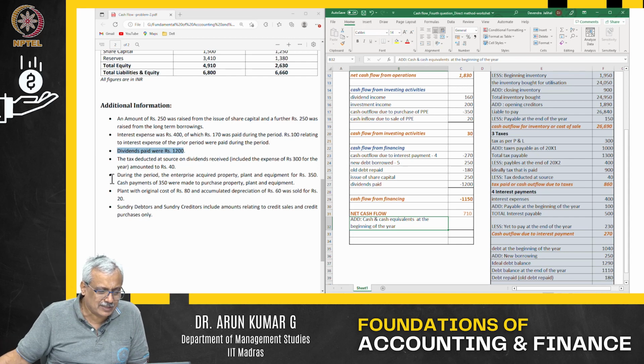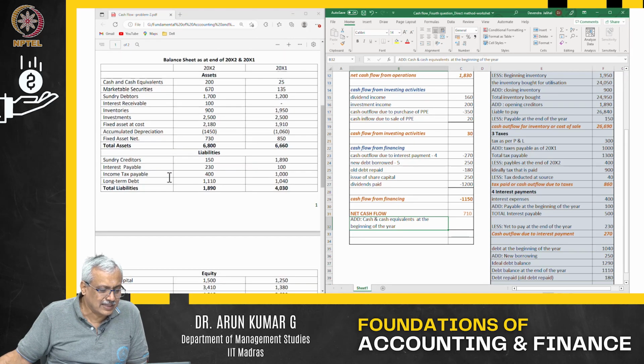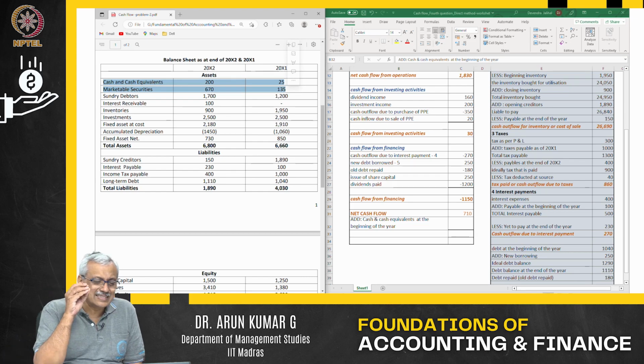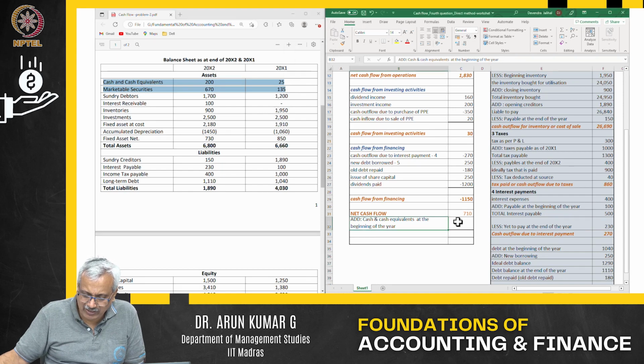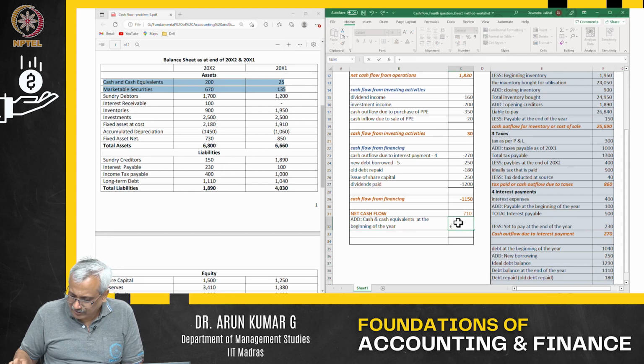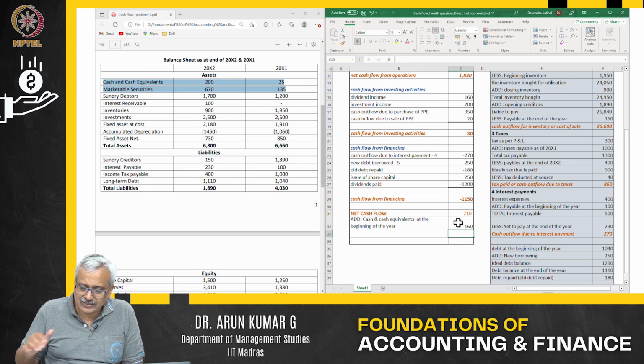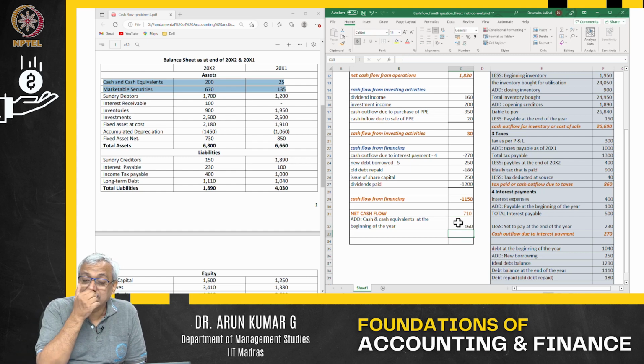For example, in this particular case, there is something called marketable securities. These are considered cash equivalents because marketable securities can be converted to cash very fast. So, when I say cash and cash equivalents, I mean $25 of cash plus $135 of cash equivalents is the total out here.